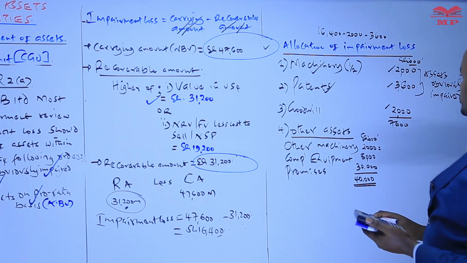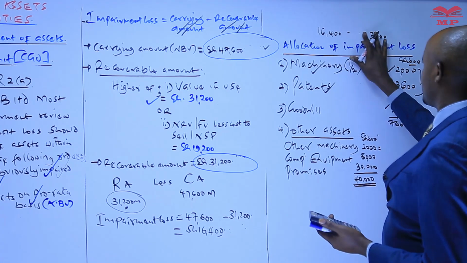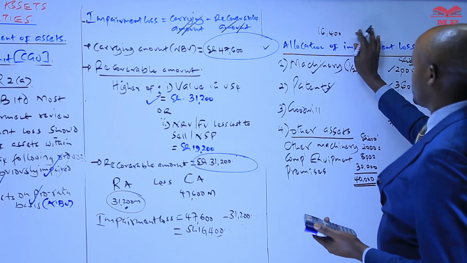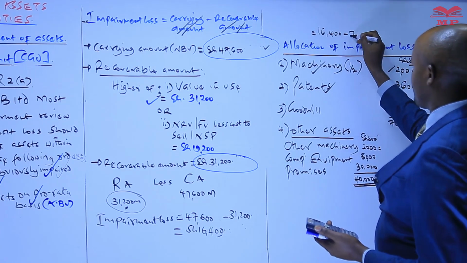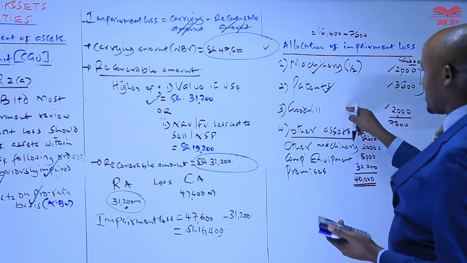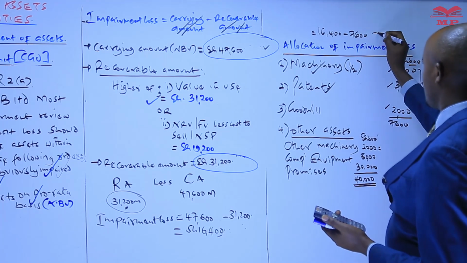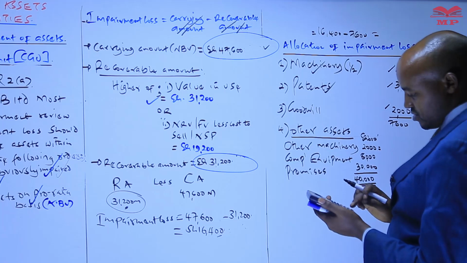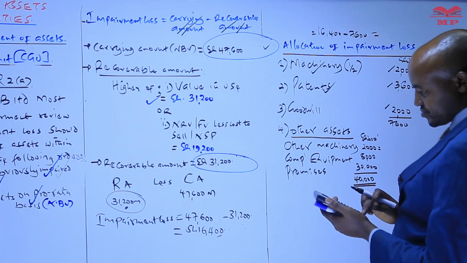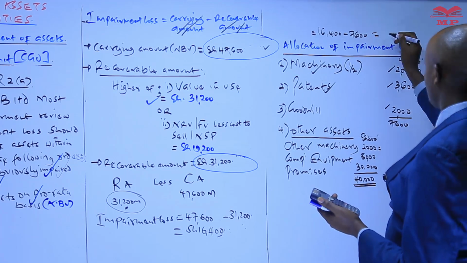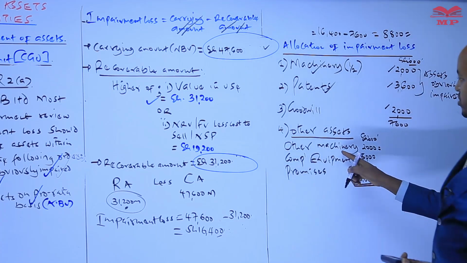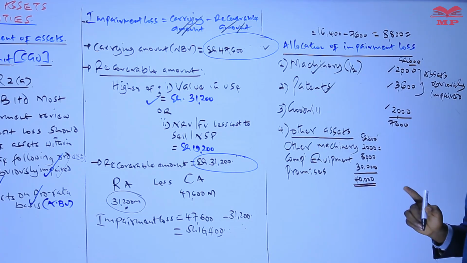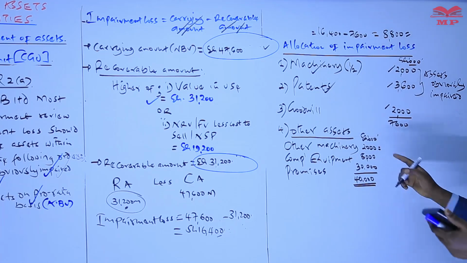So the total impairment loss to be allocated will be equal to the total impairment loss minus the impairment loss allocated to these assets, 76, and the remaining impairment loss will be 800, or 8.8. So this impairment loss will be allocated to these three assets based on their net book value, based on their carrying amount.